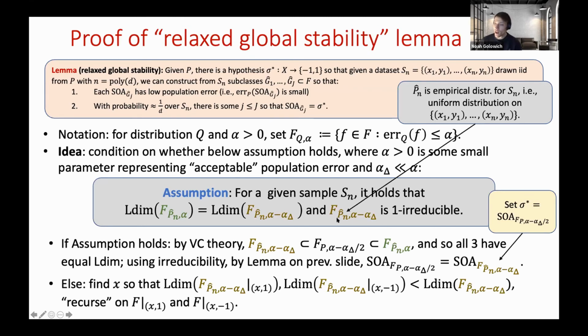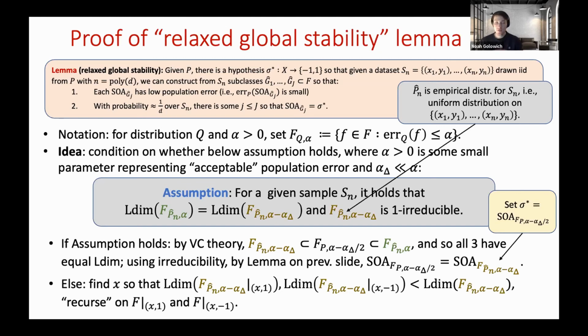So if this class is not one irreducible, then by the definition of irreducibility, we can find some point x such that the Littlestone dimension of the restriction of this class shown in brown to both x, 1 and x, minus 1 is strictly smaller than the Littlestone dimension of the class shown in brown. That's just the definition of irreducibility.